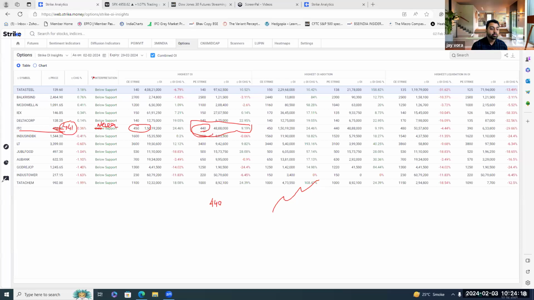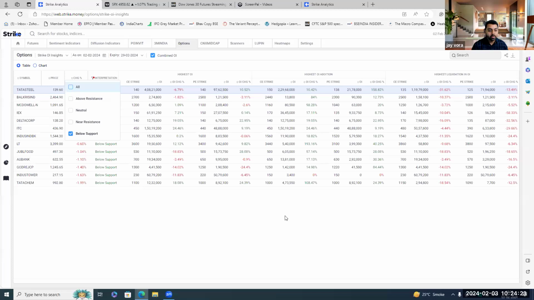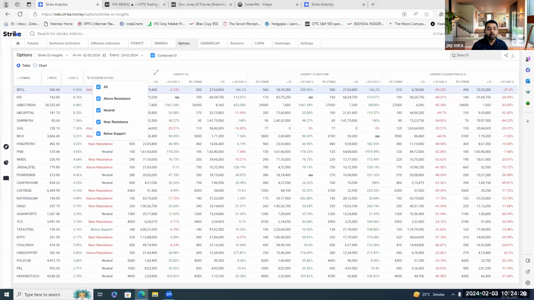Okay, so this is how this screen will help you, firstly, to quickly analyze where the main action is happening, and secondly, it will help you to time your trades. Okay, so now see, this screen can be of different utility for different people. Okay, the way I do it is that I try to analyze what is happening in the open interest, which we have learned in the past two sessions.